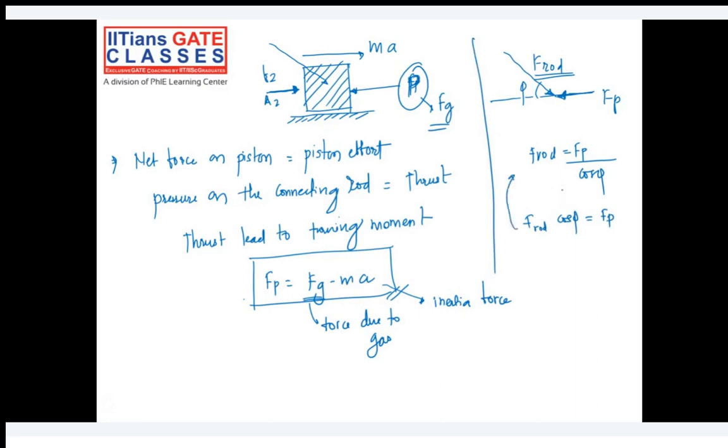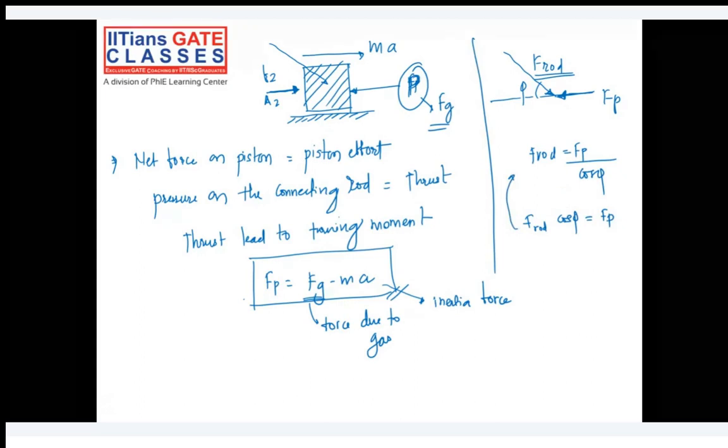Whenever phi is 0 degrees, cos 0 is 1. So basically the piston and connecting rod are in the same line, and whatever net force is on the piston, the same force will be taken by the connecting rod.